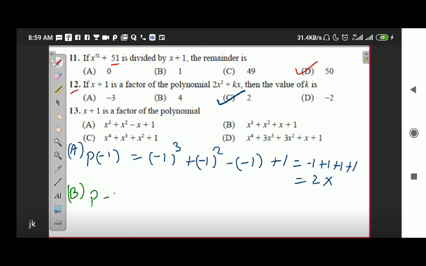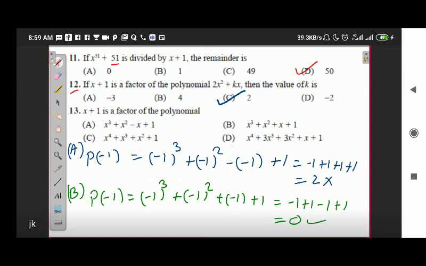For B part, p of minus 1 is equal to minus 1 cube plus minus 1 square plus minus 1 plus 1. So this will be minus 1 plus 1 minus 1 plus 1. The final answer will be 0. Since the polynomial has come 0, that means remainder is 0. That means x plus 1 is a factor of the polynomial B. B part is correct.